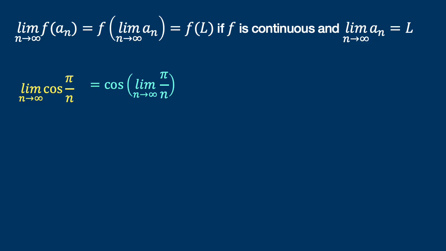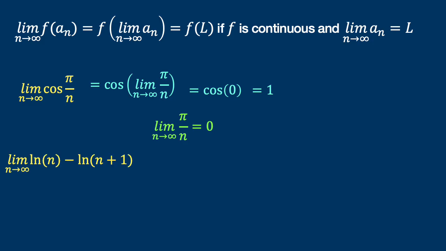This limit is going to be 0. We're looking for cosine 0, and cosine 0 is 1. Because the cosine function is continuous, we can push the limit inside the function, find the limit of the sequence first, and evaluate the value later.